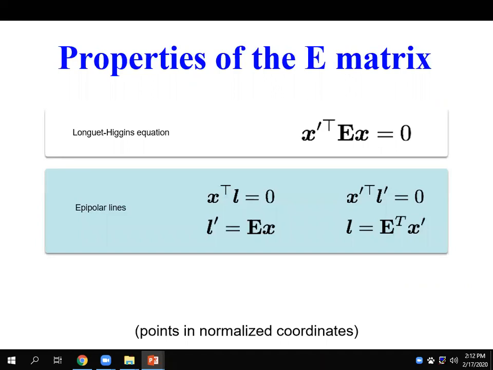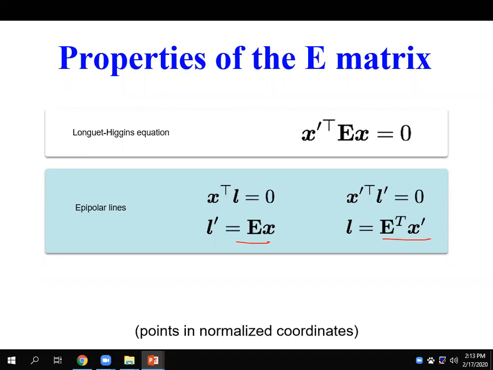But also we know from the epipolar line that X transpose L is equal to 0, X dash transpose L dash is equal to 0, and then we know also these particular things. But how about if we multiply the epipoles with the essential matrix E? If I were to ask you how I can map the epipole from one to the other. Earlier we said that E multiplied by X will give me L dash, yes?